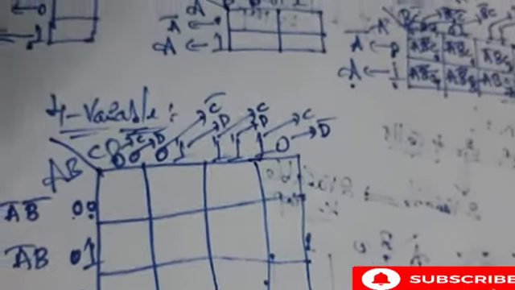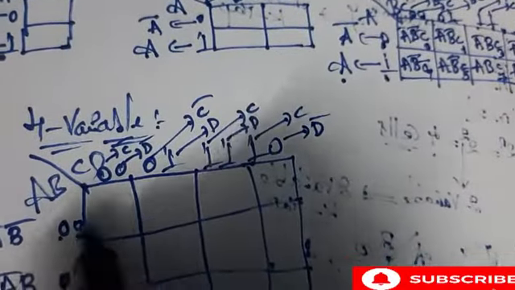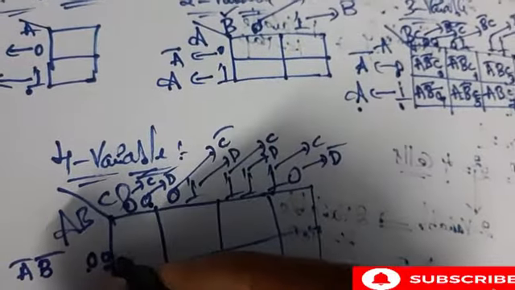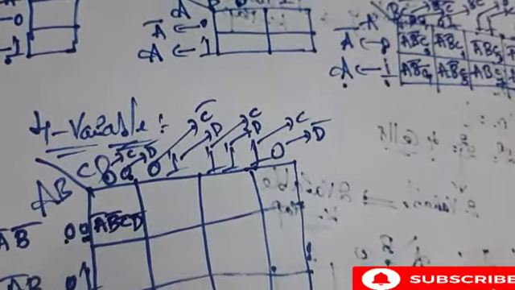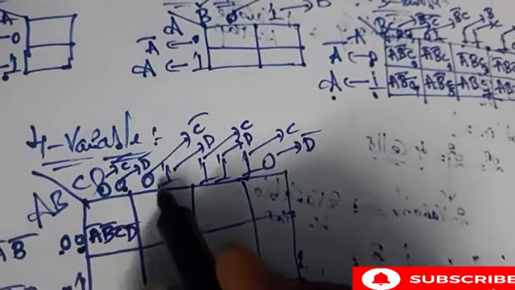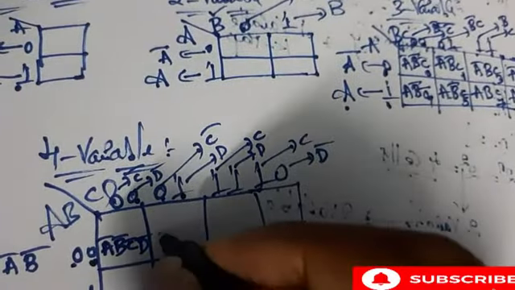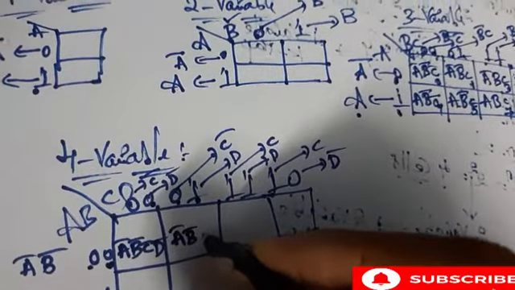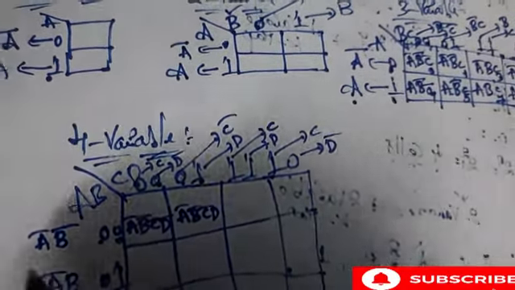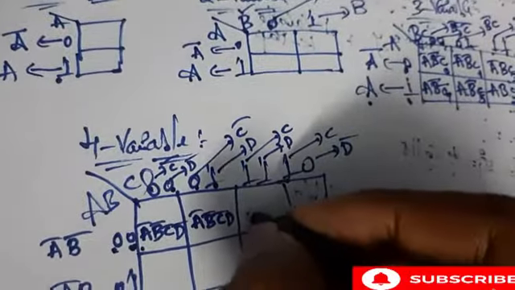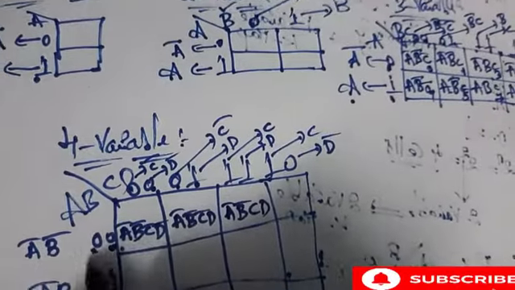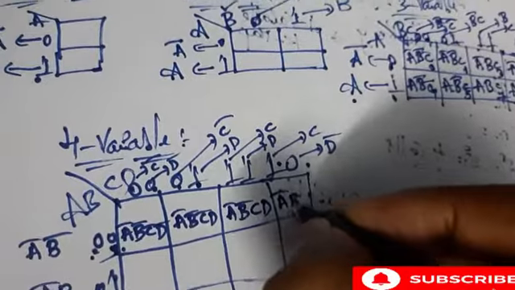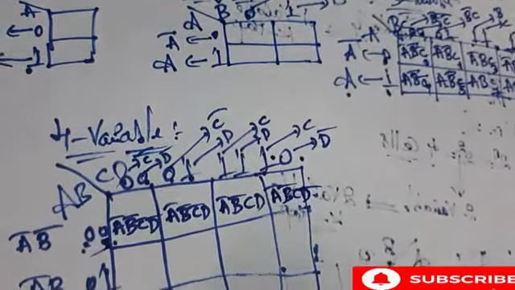If you want to write in the boxes, 0 0 0 0, that means A bar B bar C bar D bar. Next 0 0 0 1, that means A bar B bar C bar D. Next 0 0 1 1, that means A bar B bar C D. Next 0 0 1 0, that means A bar B bar C D bar.